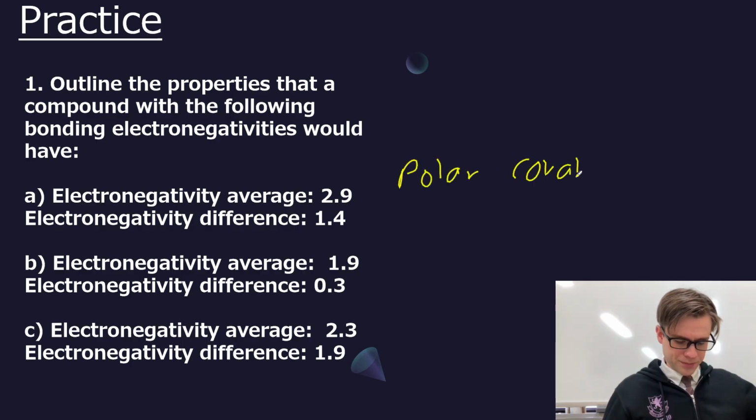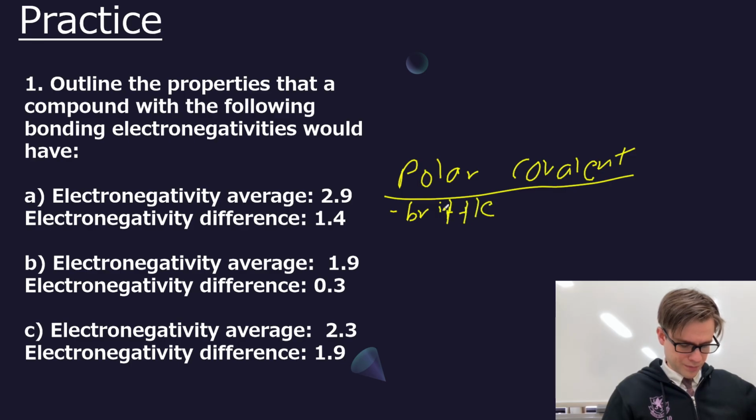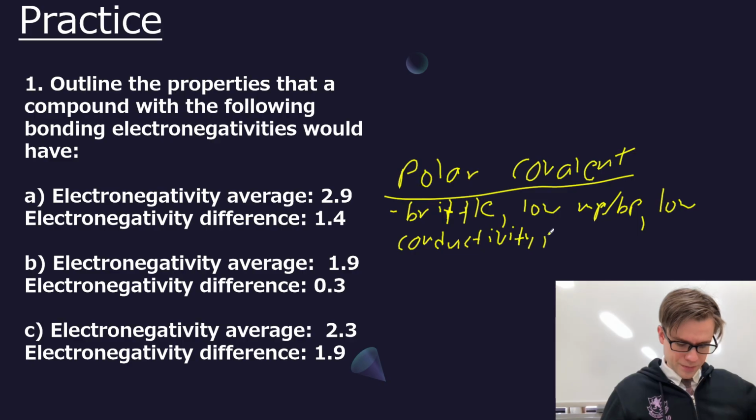So we would predict brittle as a solid, low melting point, boiling point compared to other things, low conductivity, and possible solubility in water depending on its polarity.